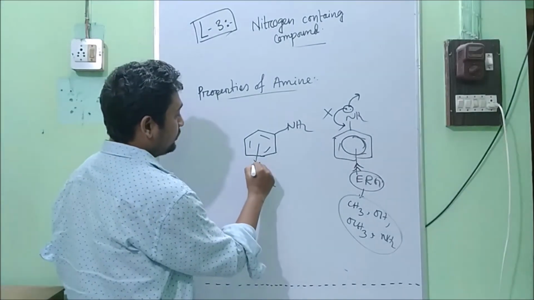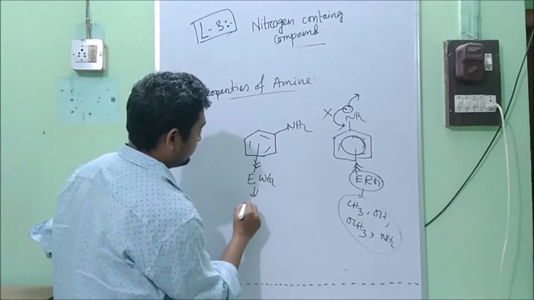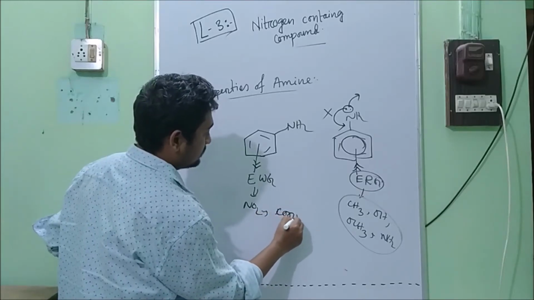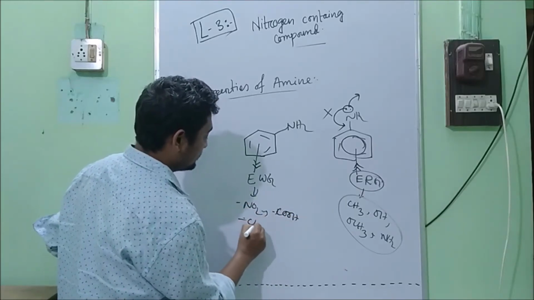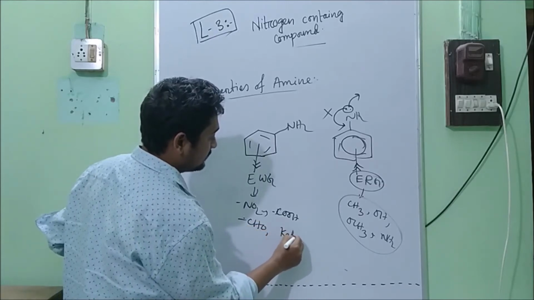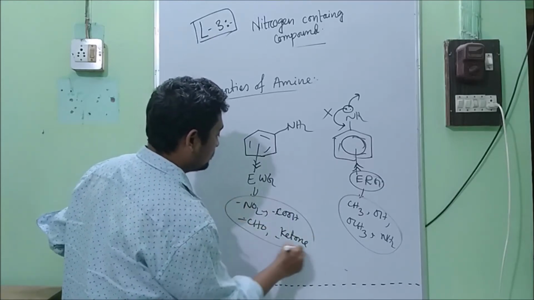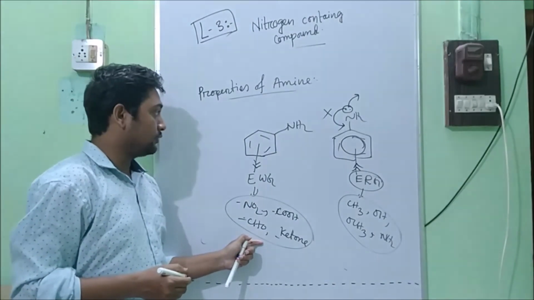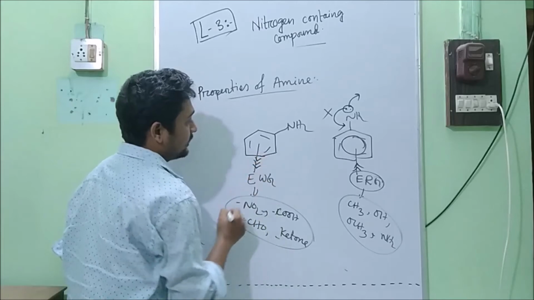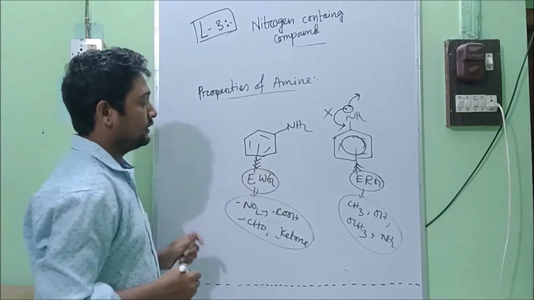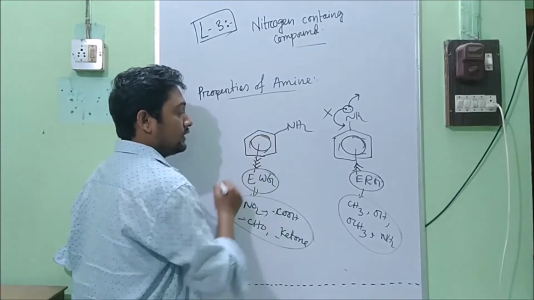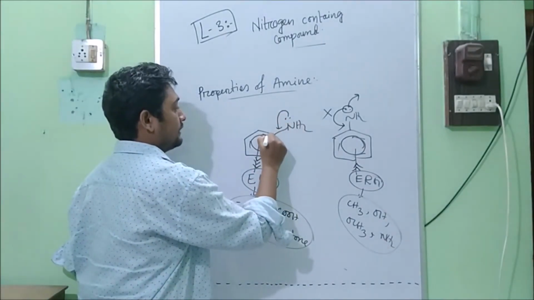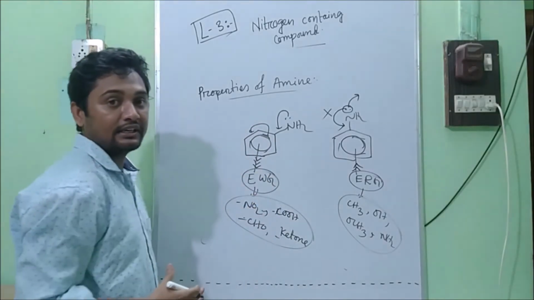But in the case of electron withdrawing groups like NO2, COOH, aldehyde or ketone, in the presence of such electron withdrawing groups, the electron density will move towards this group. So the electron density will reduce in the benzene ring, then the lone pair will come into the benzene ring at a faster rate.